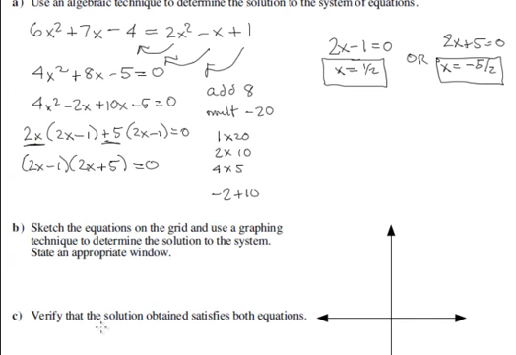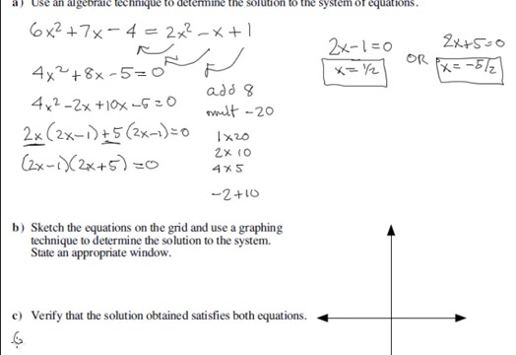And verify that the solution obtained satisfies both equations. Well, if you substitute, I don't believe I have space to do it here, but if you substitute 1/2 into the first equation and the second equation, you should get the same result. I'll see if I can squeeze one of them in.